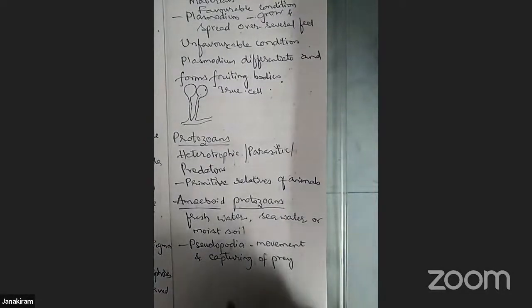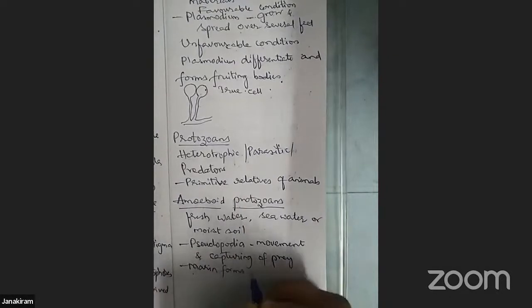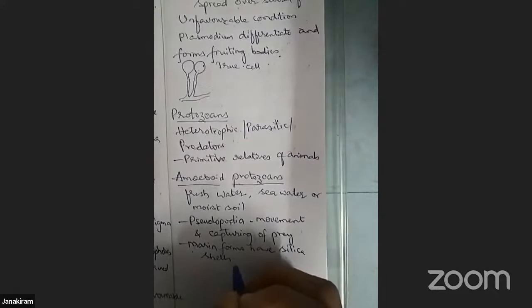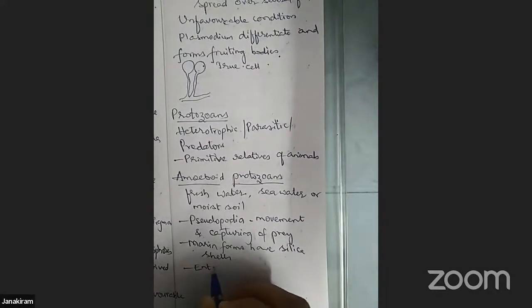Okay, then marine forms are also there. In the marine forms, they have silica shells. The best example of these is Entamoeba. Right?